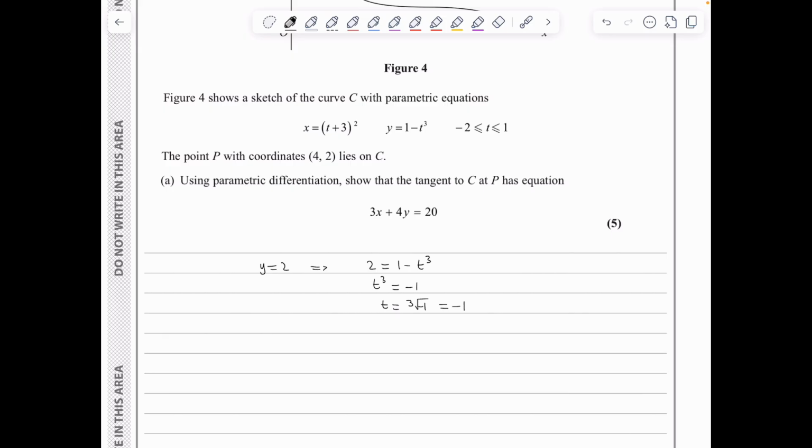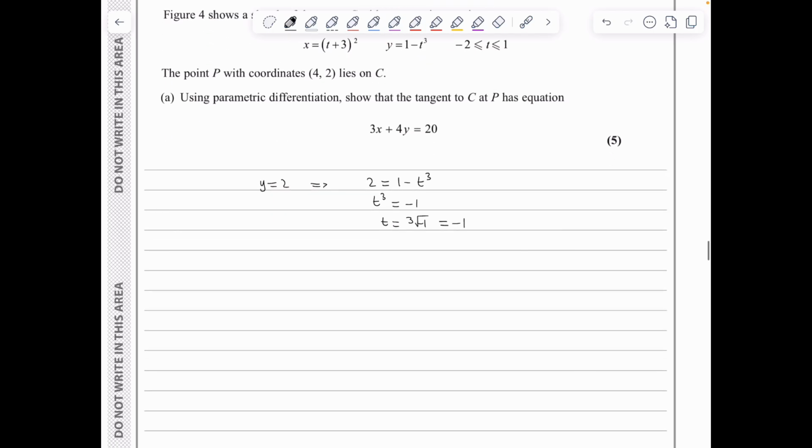I will proceed by finding dx/dt and dy/dt. For dx/dt, we simply have 2 times (t plus 3). So I brought the power down, deducted 1 from the power, times the derivative of the bracket, which is simply 1. And then for dy/dt, we simply get negative 3t squared.